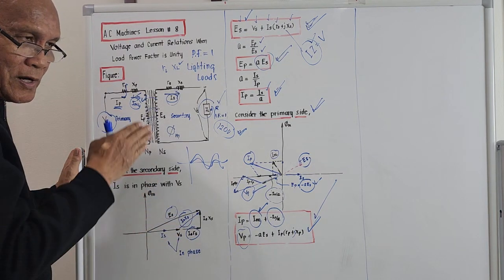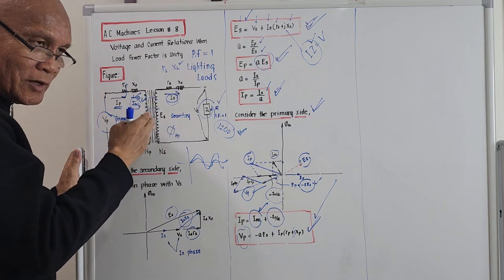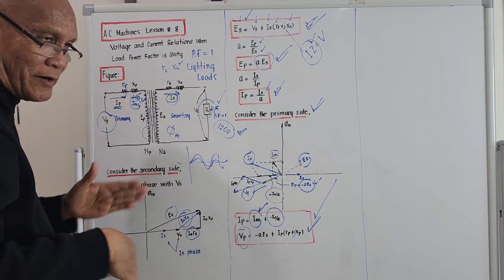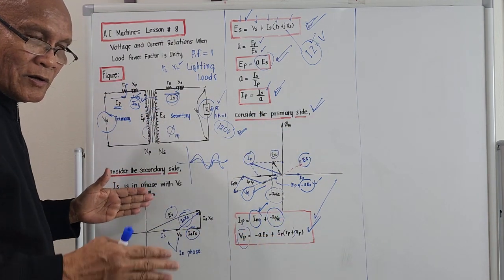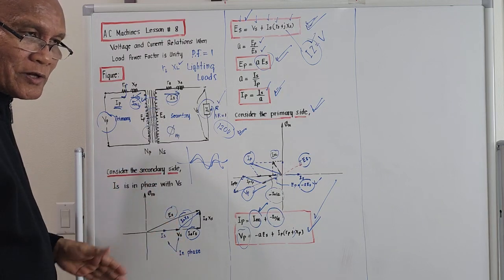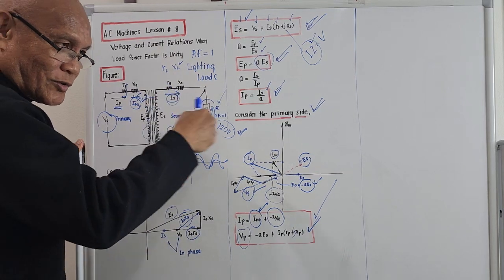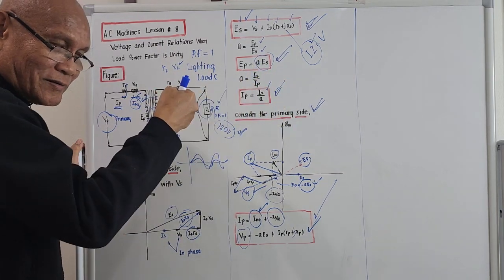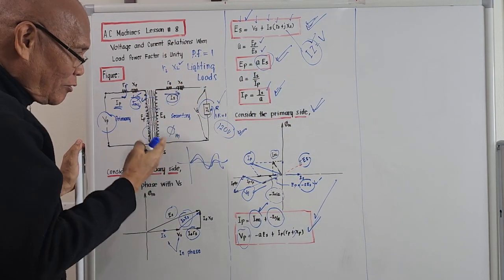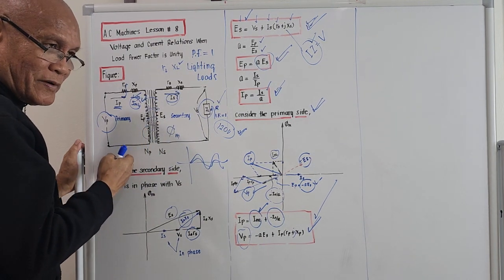From the generator side to the load side, which is maybe 300 miles, we will take into consideration the effect of the so-called resistance and inductance of the transmission line, right? We will take that into consideration also with the transformer, right?